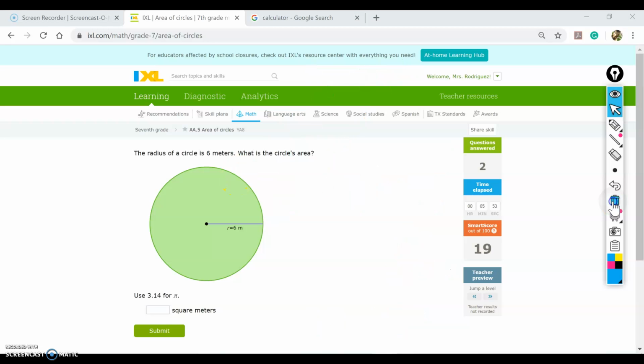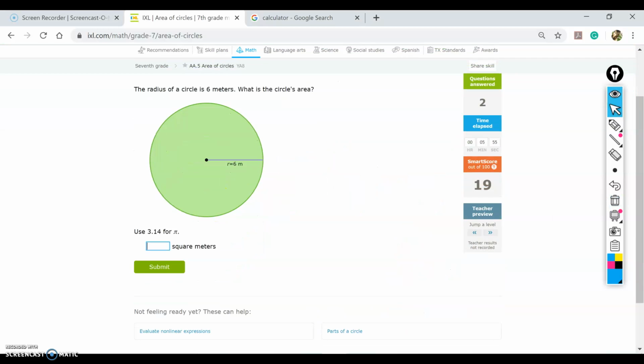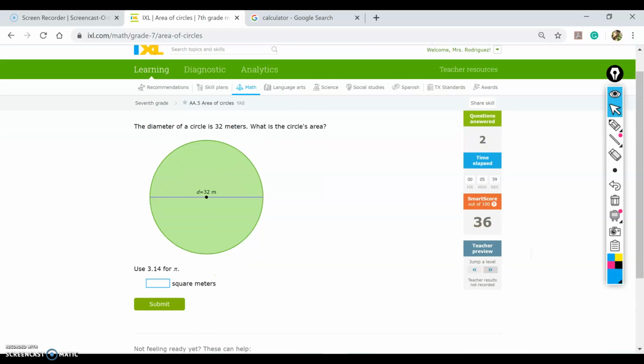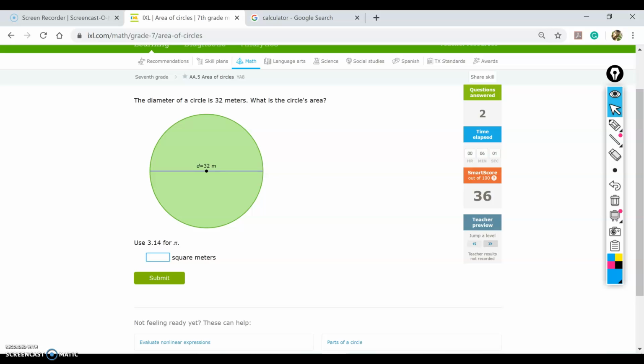Now let's go ahead to see the type of problems you're going to see after the 70s. Oh, this one. So one more time, I want you to remember that in order to calculate the area of a circle, area is equal to pi r to the power of 2. R is the radius, not the diameter, because look what they're giving you now.